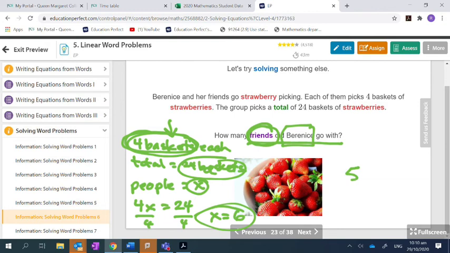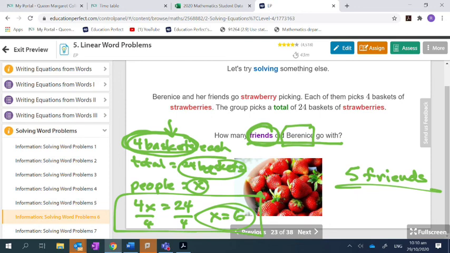So how many friends did she go with? 5 friends plus her picked 24 baskets of strawberries. Tricky. Now look, you would get most of the credit if you didn't see that. You would get most of the credit for that, right? Yeah? You'll still get credit for what you did. Shh, ladies, come on.